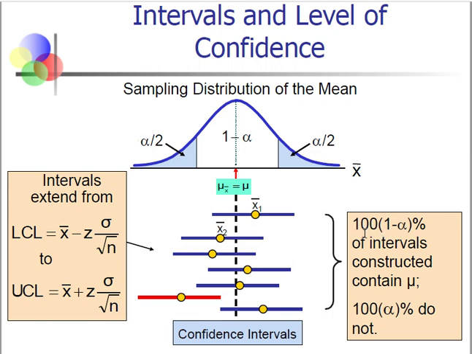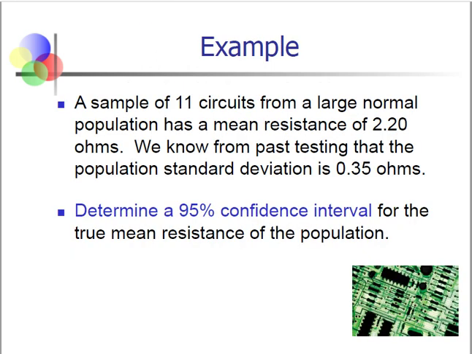So here we can conclude that when you make confidence intervals, 100 multiplied by 1 minus alpha percent will contain the mean, and only the other percentage will not contain the mean.